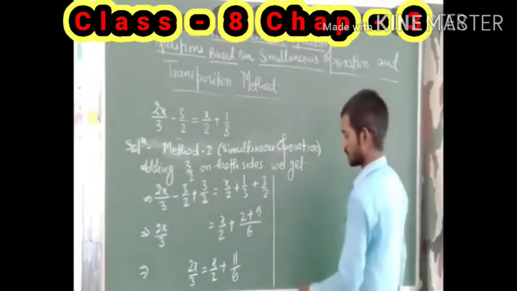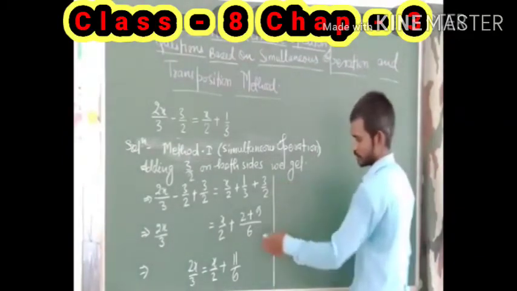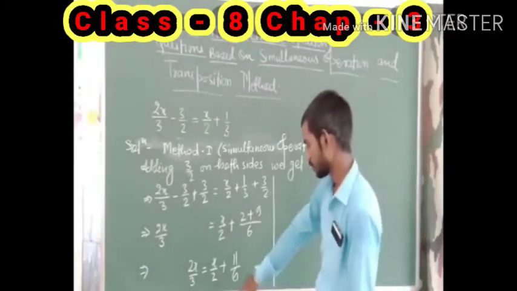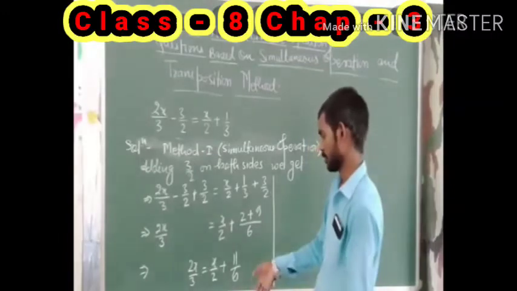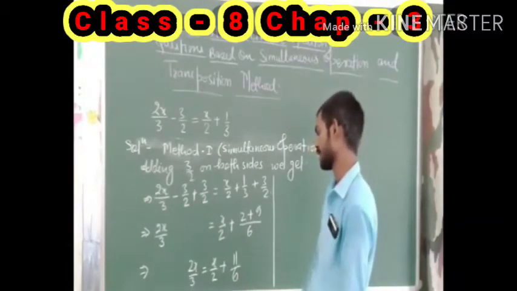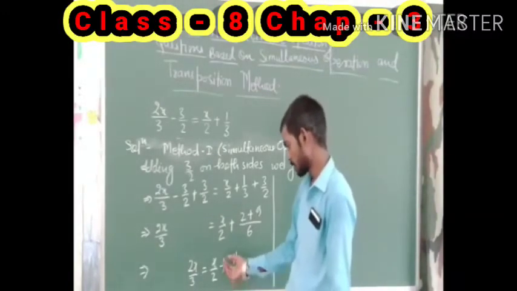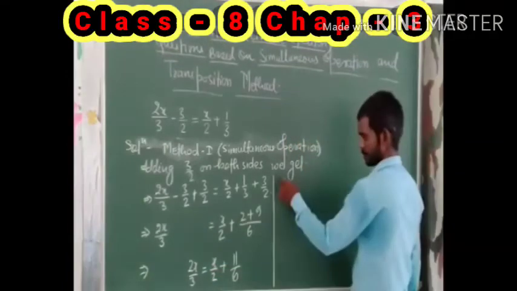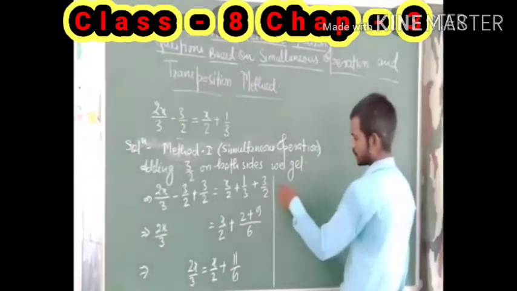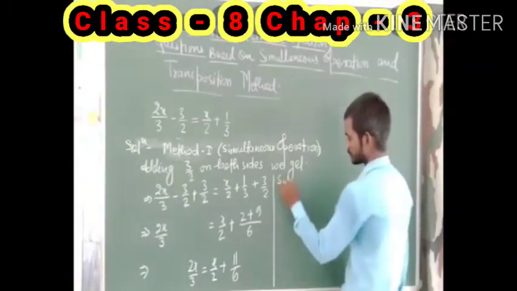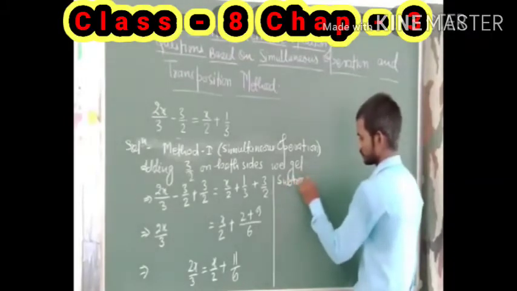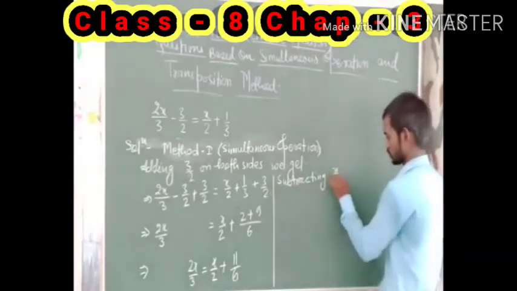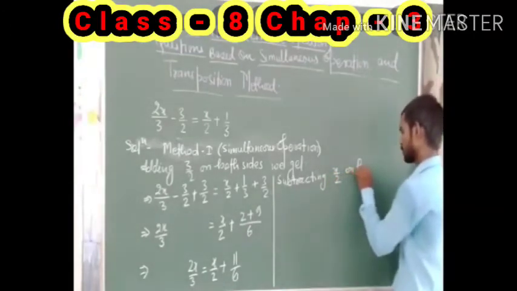Again we see that both the left hand side and the right hand side have variable quantity. So from the right hand side, we remove this variable quantity by this method. Here we subtract x upon 2 on both sides.